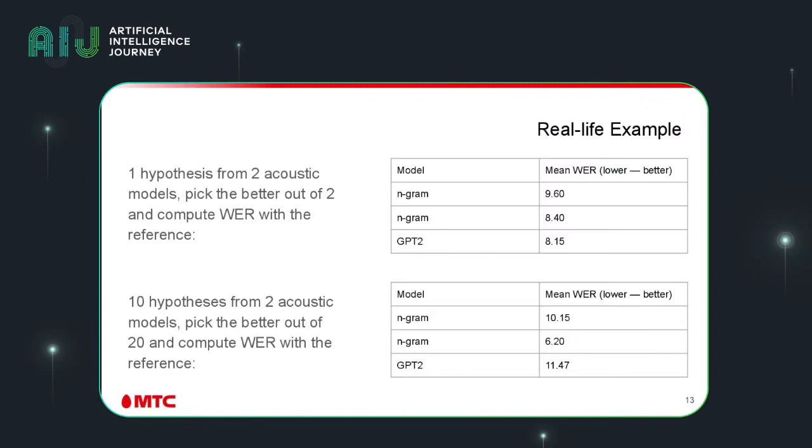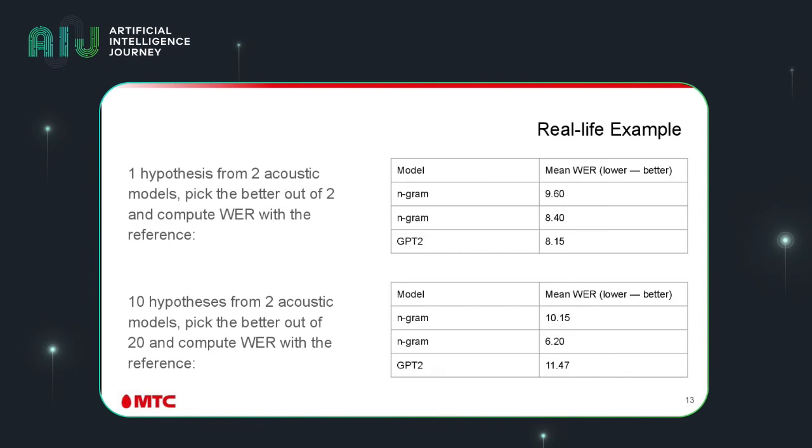We select and we calculate the word error rate and the deviation from references, the real sentence that was articulated by a user. And here we see that in this experiment, GPT-2 is better than the n-gram model, but again, not very much better.